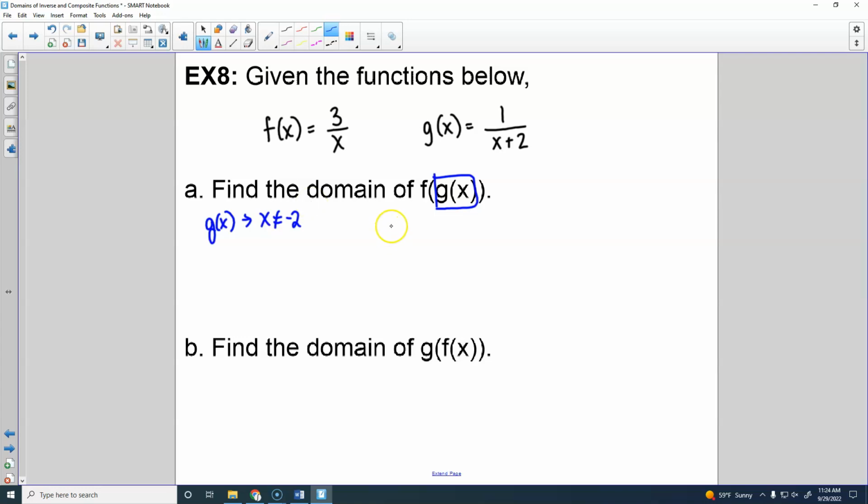All right, so when I do f of g of x, I will have 3 over 1 over x plus 2. And dividing fractions is easy as pie. Flip the second and multiply, which will give me 3 times x plus 2 over 1, which is just 3x plus 6 there.